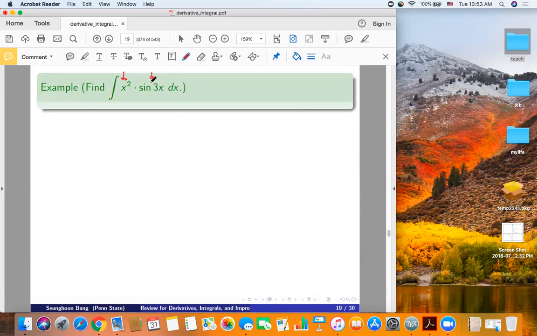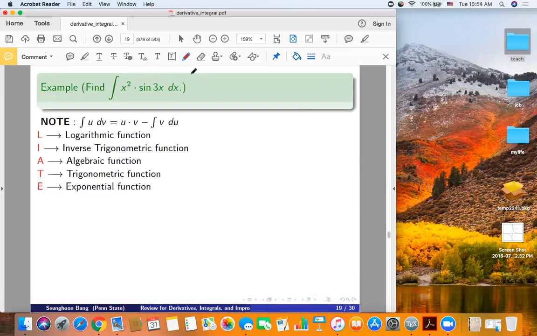The integrand is a product of an algebraic function and a transcendental function, so we use integration by parts.